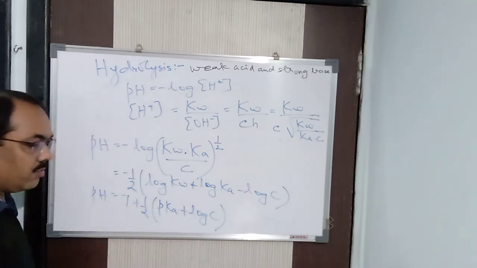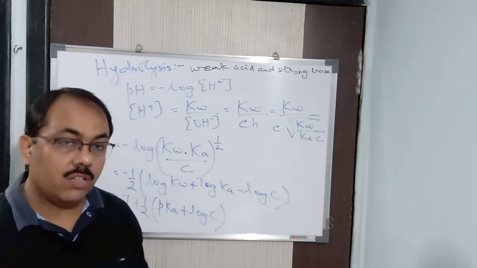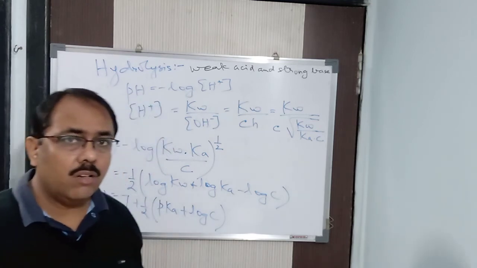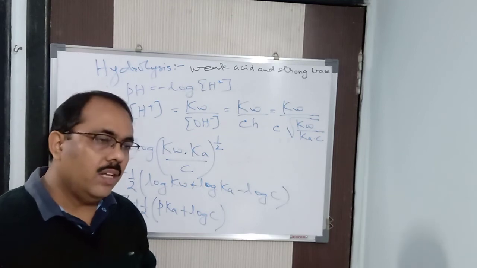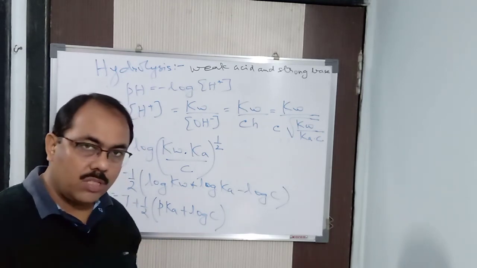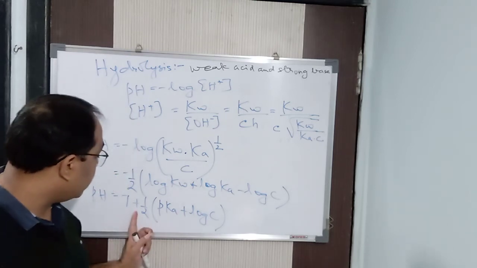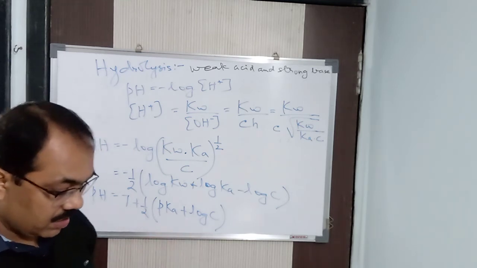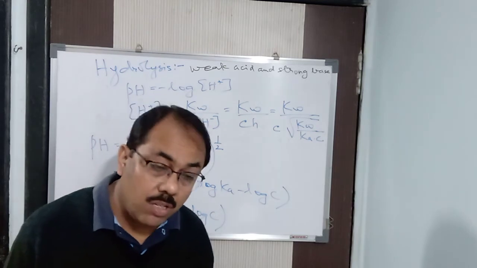So what did we get here? We got the value of pH and the value of Kh. Kh is equal to Kw by Ka. Again I repeat: h is equal to root over Kw by Ka into C, with C in the denominator, and pH is equal to 7 plus half pKa plus log C. This is the formula for which category of salt?